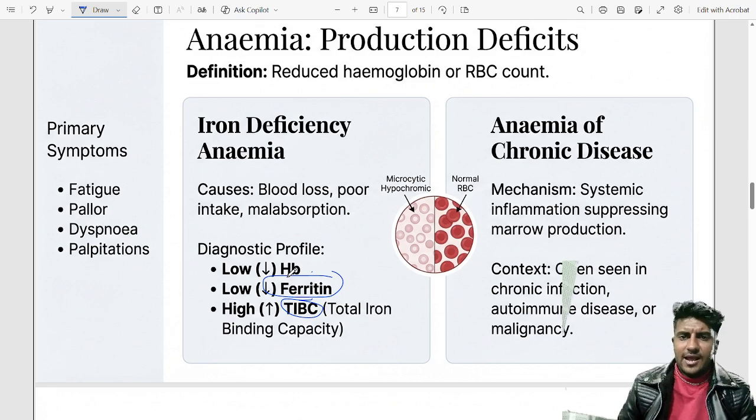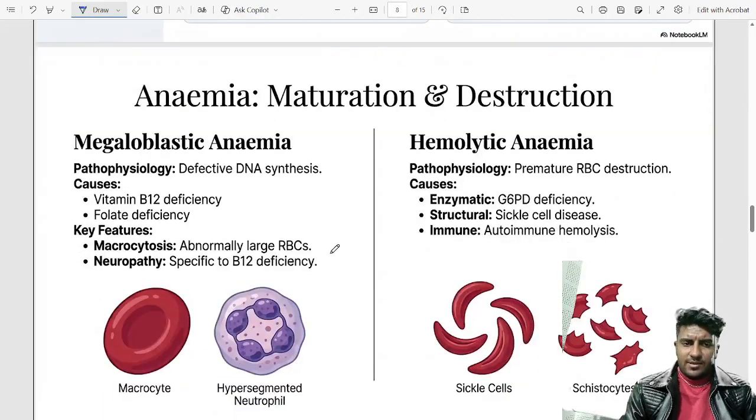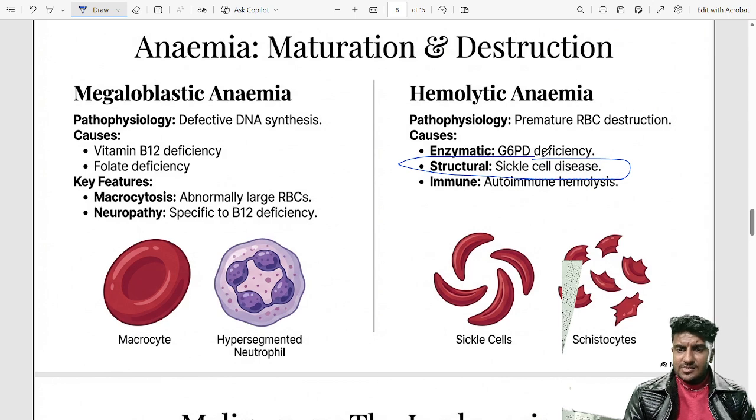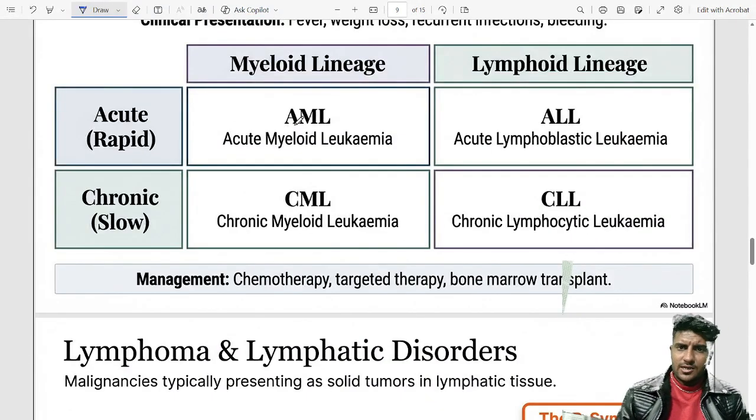Low ferritin and high TIBC is observed in anemia. So mostly the blood tests are the most common. Then you have the D dimer, CRP, and all for inflammatory test markers, right? So many times there is drug-induced hemolytic anemia, G6PD deficiency, like with chloroquine. Many times the sickle cell anemia because of the sickle cell of the RBCs. Many times autoimmune diseases are also responsible for these anemic conditions.